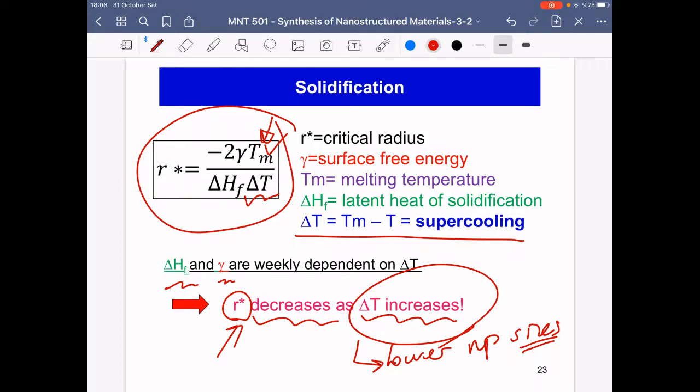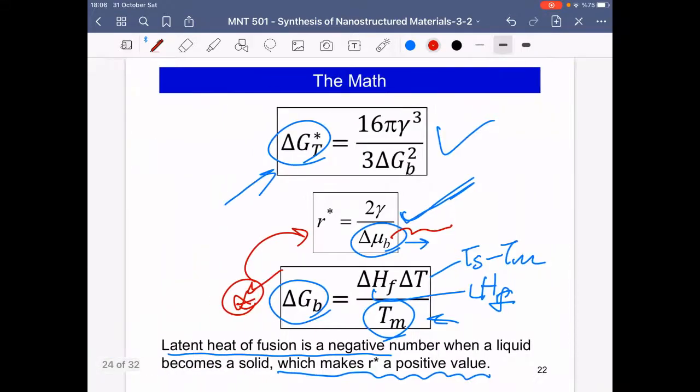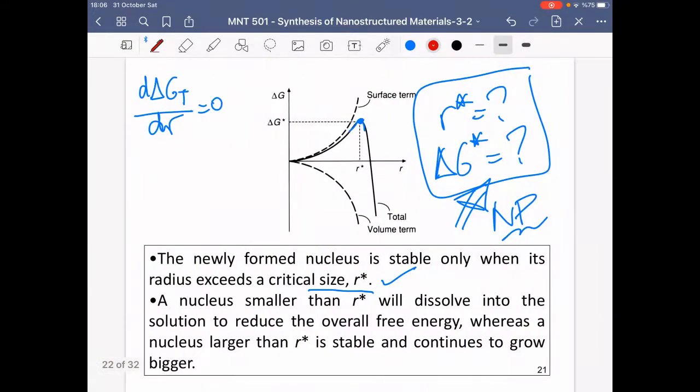For example, supercooling is done for that purpose. So you can control supersaturation, you can control the delta T, so you can really cool down this temperature to have a better control of R critical.